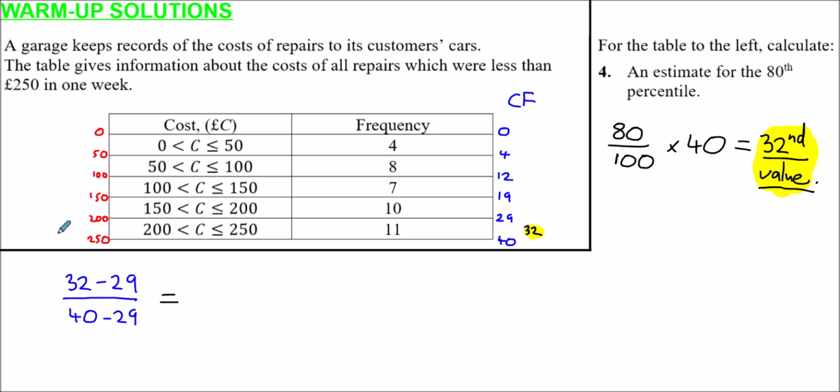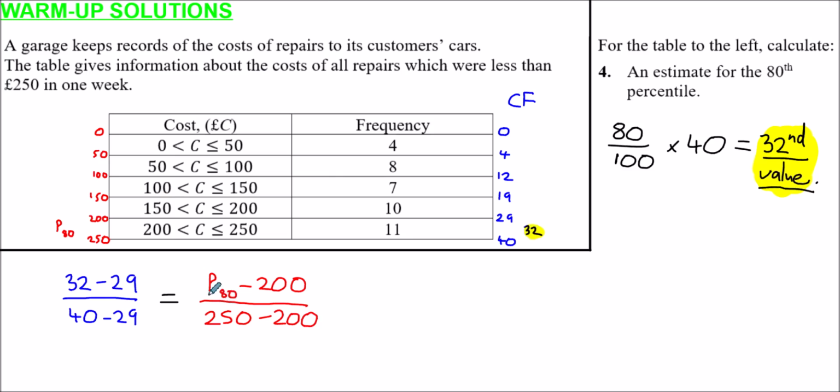So I'm just going to add in P subscript 80 for the 80th percentile. And so how far P80 is within this interval from where it starts at 200, it's going to be P80 minus 200, and that as a fraction of total class width is going to be that as a fraction of 250 minus 200.